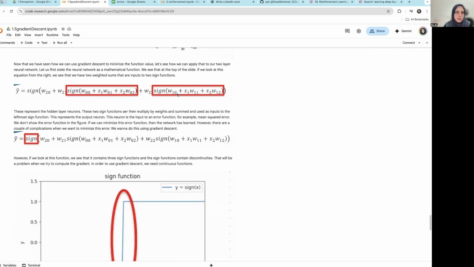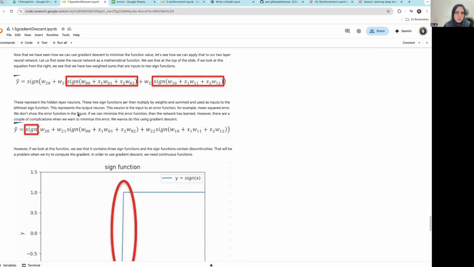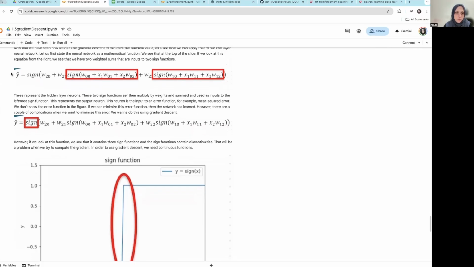These represent the hidden layer neurons. These 2 sine functions are then multiplied by weights and summed and used as inputs to the leftmost sine function. This represents the output neuron.